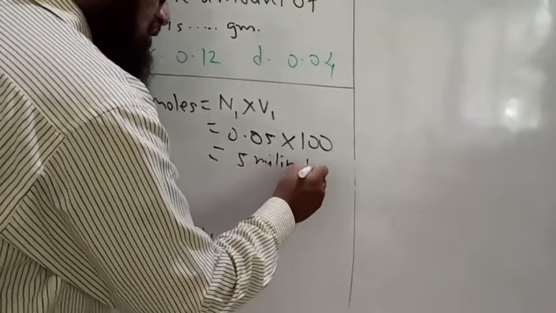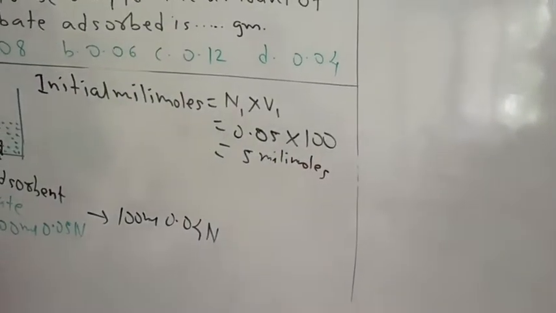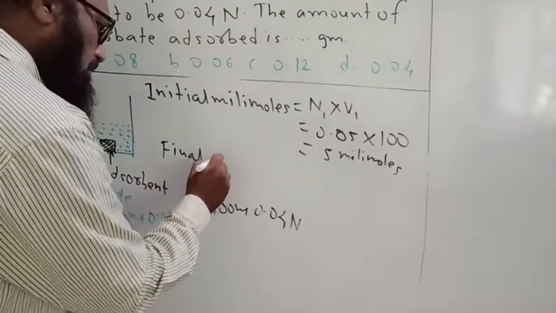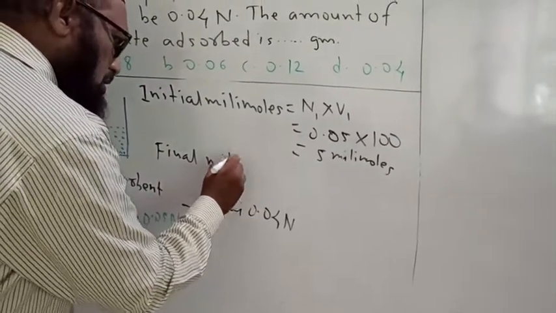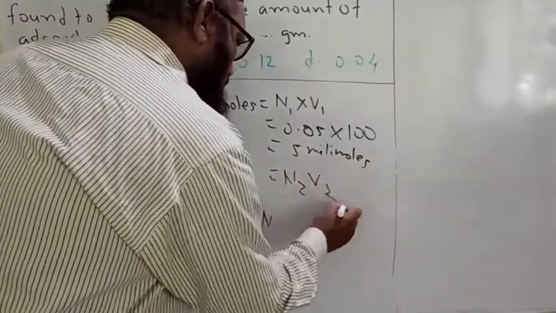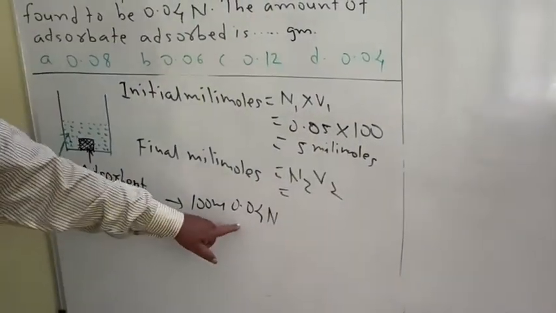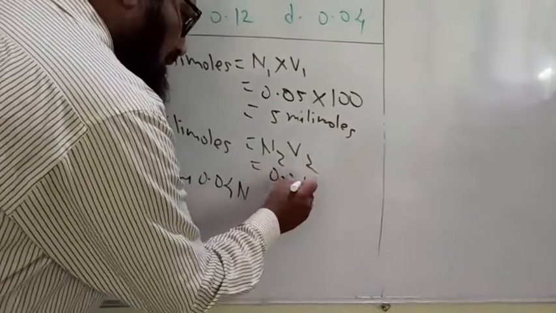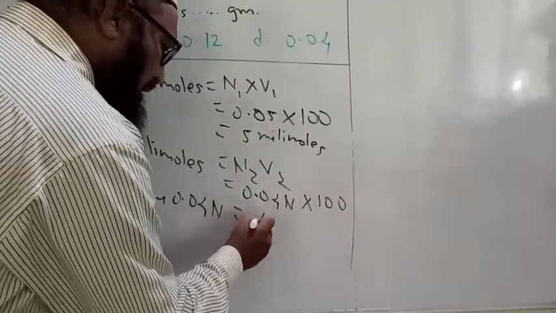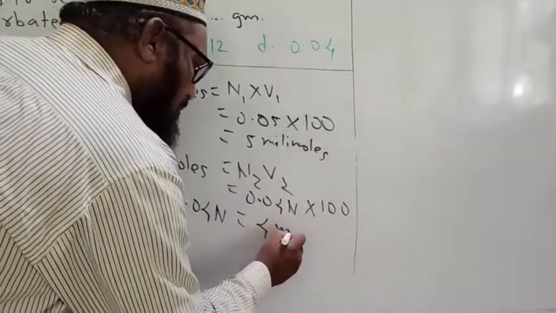Then let us find out the final millimoles. Final millimoles is equal to N2V2. What is the new normality here? 0.04 normal into volume 100. This comes to 4 millimoles.